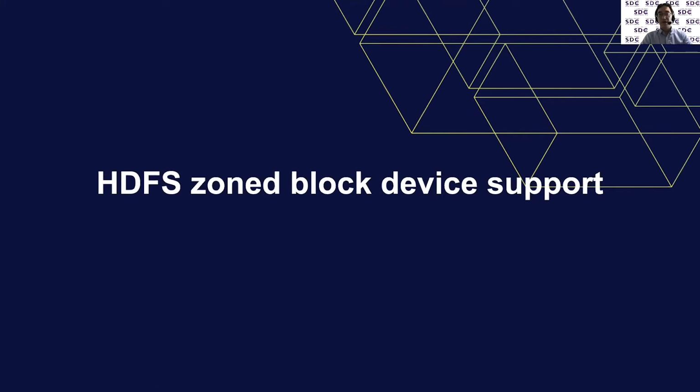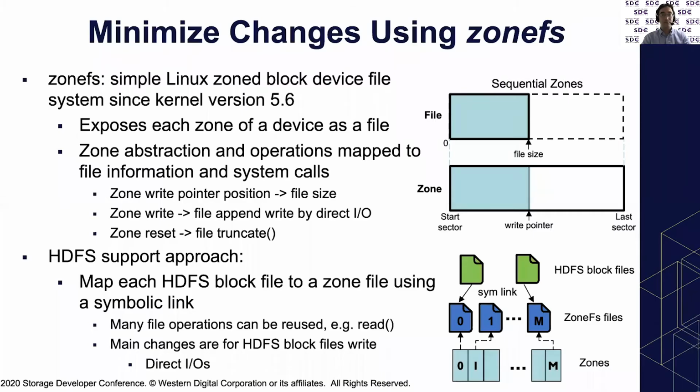Based on this idea, I have modified HDFS to support zoned block devices. Let's see how it can be supported. To support zoned block devices with efficiency, HDFS needs modifications, but those modifications should be as small as possible.